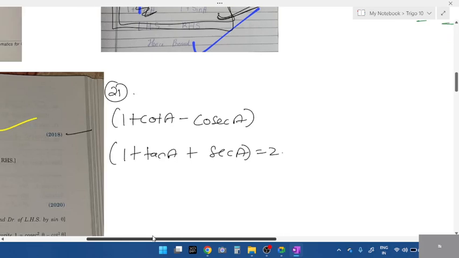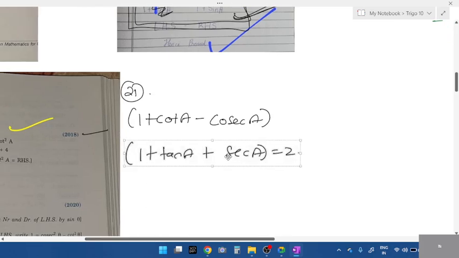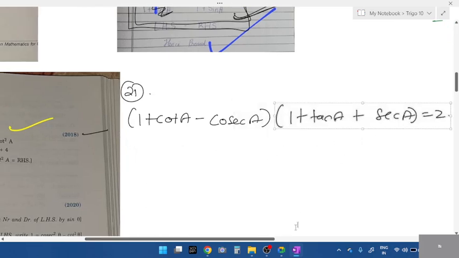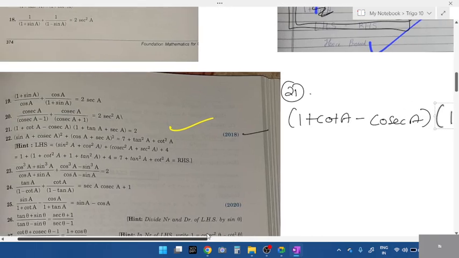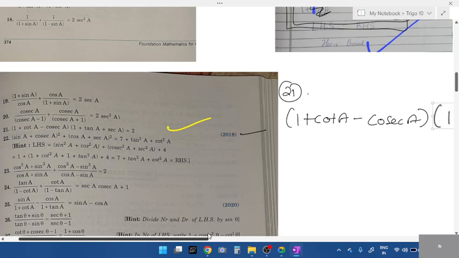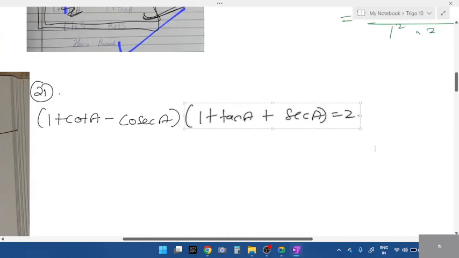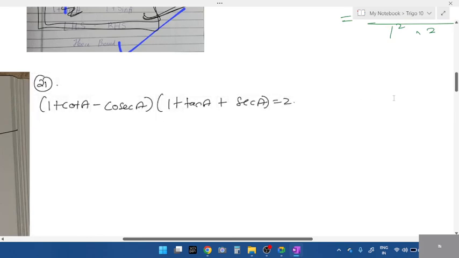This was given in the year 2018. 1 plus cot A minus cosec A into 1 plus tan A plus sec A. Try this, students. We need 2 on the right hand side. There is number 2 given on the right hand side.